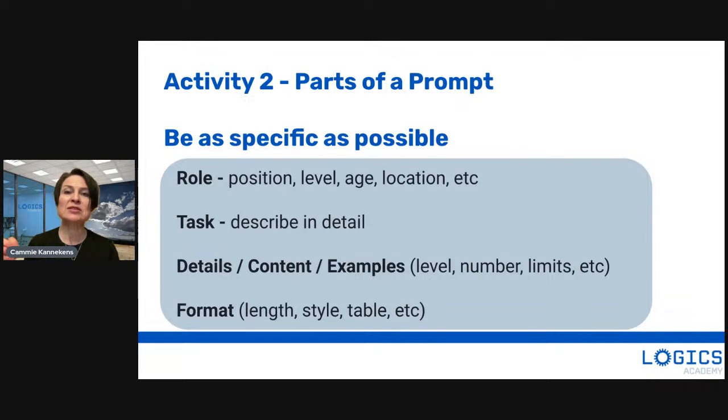So sometimes you might just have to get it to run and then say, okay, make that 4 paragraphs instead of 6, or I only want 2 paragraphs. Sometimes with the length, you have to play around with that, but it will get there eventually. So give it a role, tell it what it is or what you are doing, give it a task, as much detail as you can, and then format.